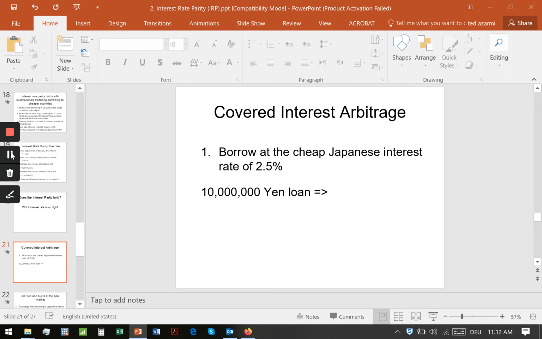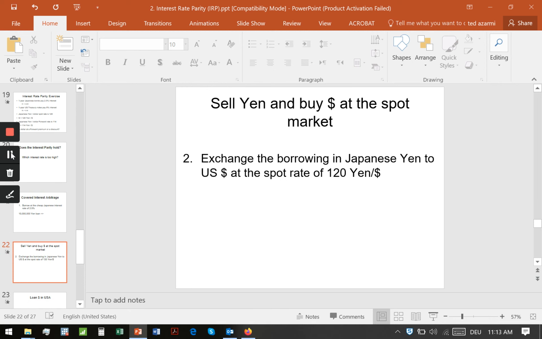Then do covered interest arbitrage. Borrow at the cheap interest rates and do a 10 million yen loan. Then sell yens and buy dollars at the spot market.